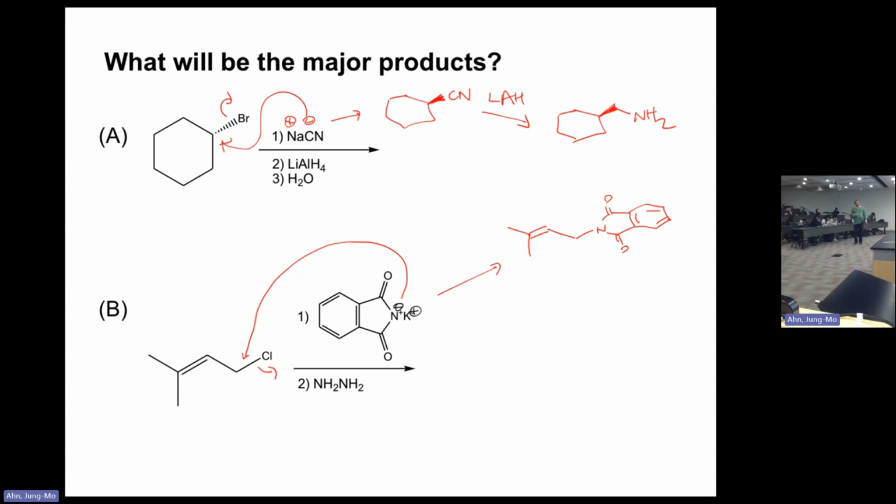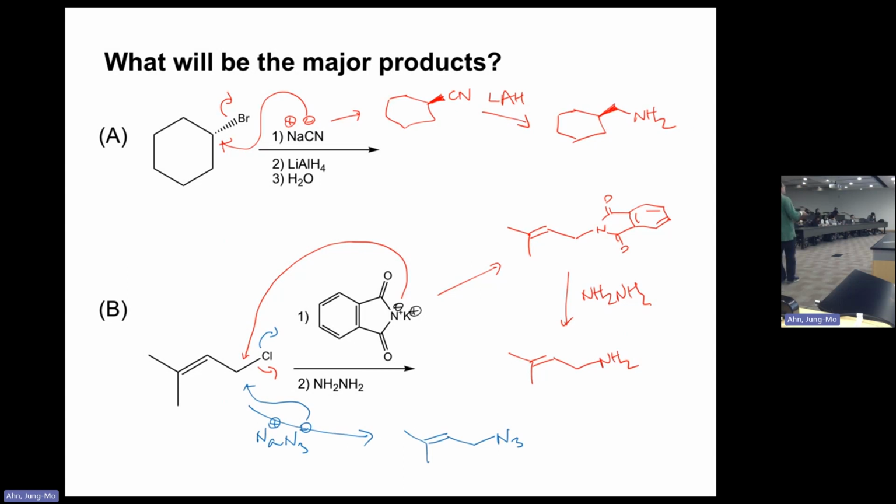Second step, hydrazine is getting rid of the phthalimide as a phthalhydrazide. So that comes in, replacing this part, and that comes in, replacing the other part, so we get the amine prepared. So that's called the Gabriel amine synthesis. I want to show you another way to make this happen. You can easily use sodium azide as well.